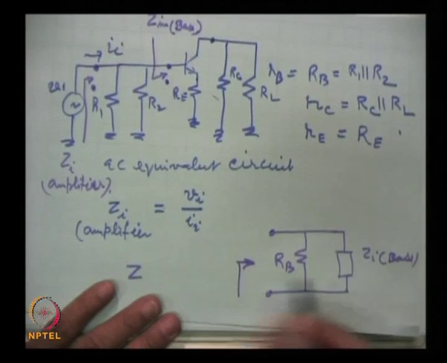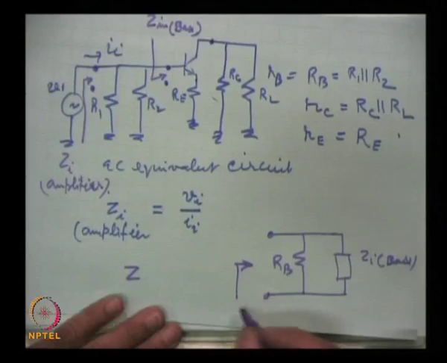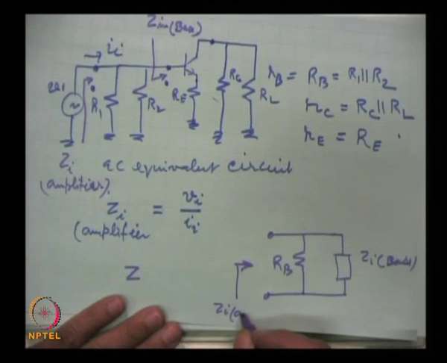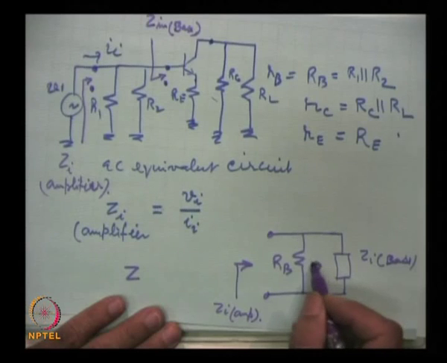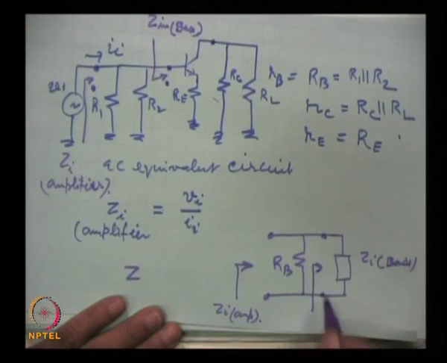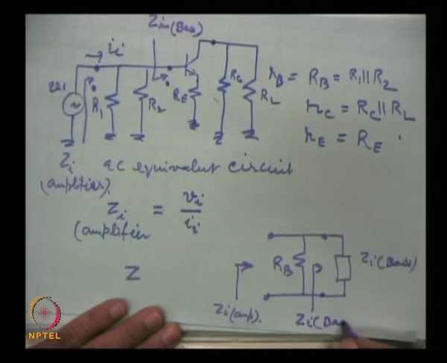Then here, considering both, it becomes Z I amplifier, while looking here between these 2 points it is simply Z I base.